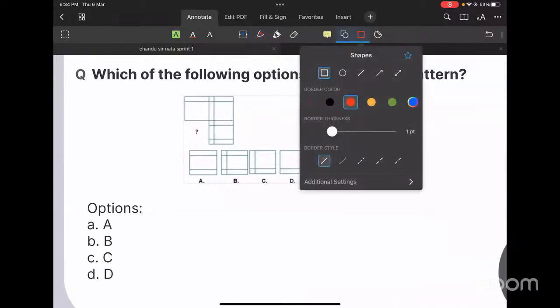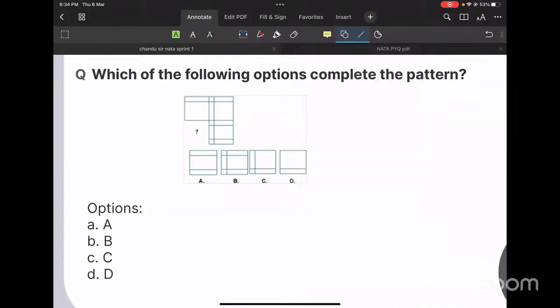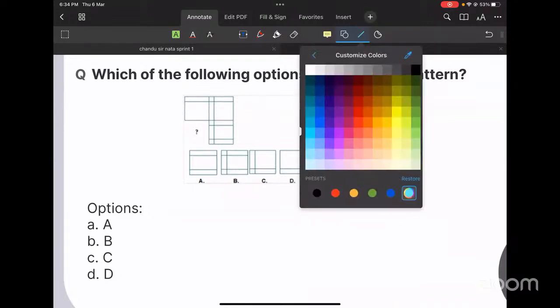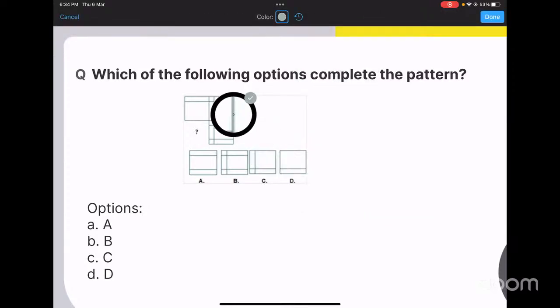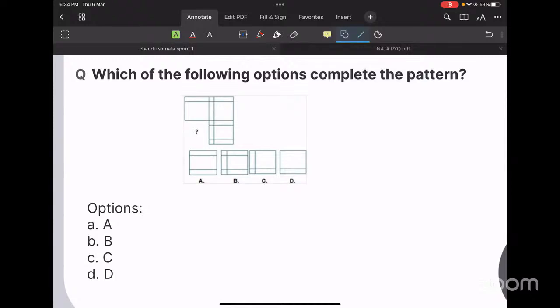So we can connect them. Let's try to use the exact same color. I'm just completing that figure.